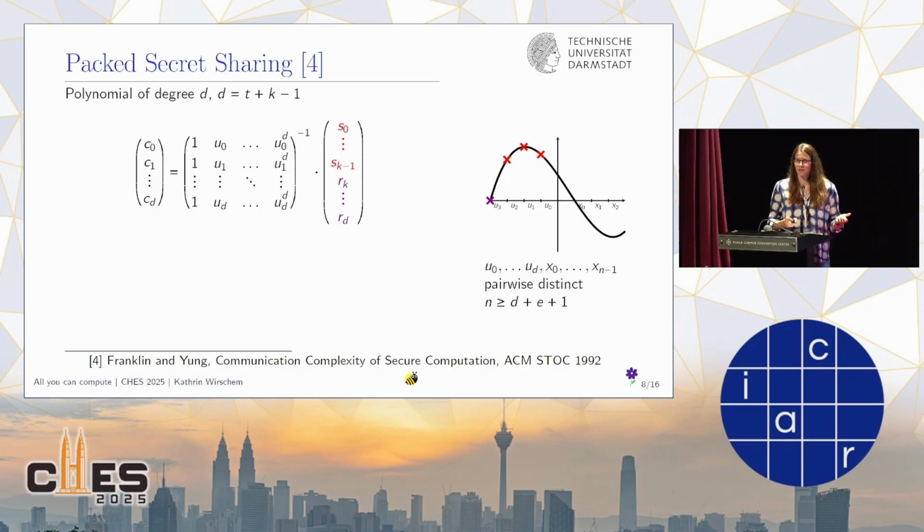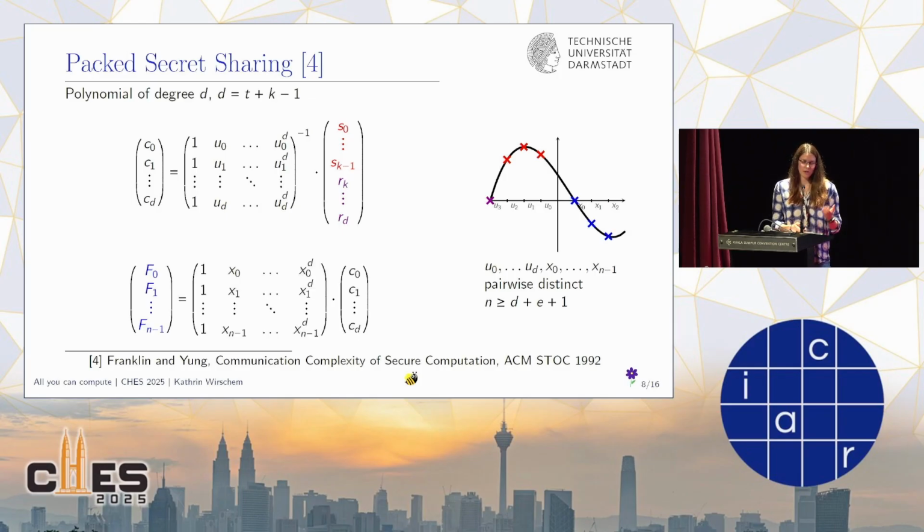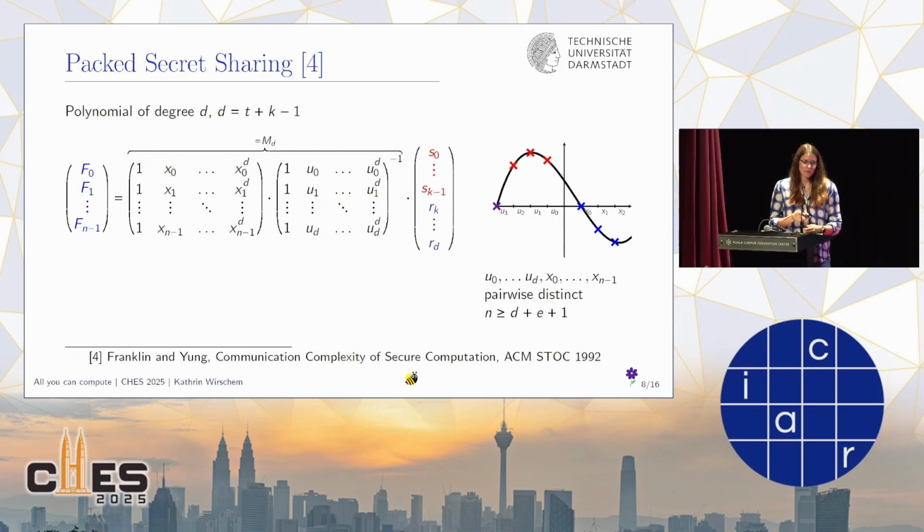And from now, everything is exactly the same as before. We have coefficients, we can evaluate the polynomial at our support points x0 up to xn, and obtain the sharing Fi. From now on, to make our life a bit simpler, I will just call this matrix M. And whenever I want to highlight that we consider the secret vector S together with a degree D polynomial and we want to be secure against E faults, I will write the shares in this bracket notation.